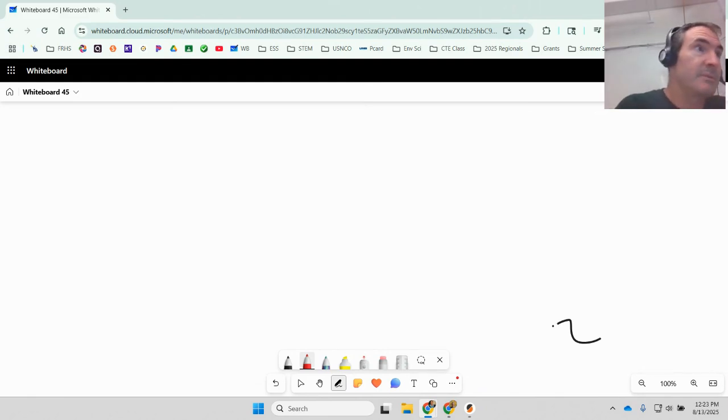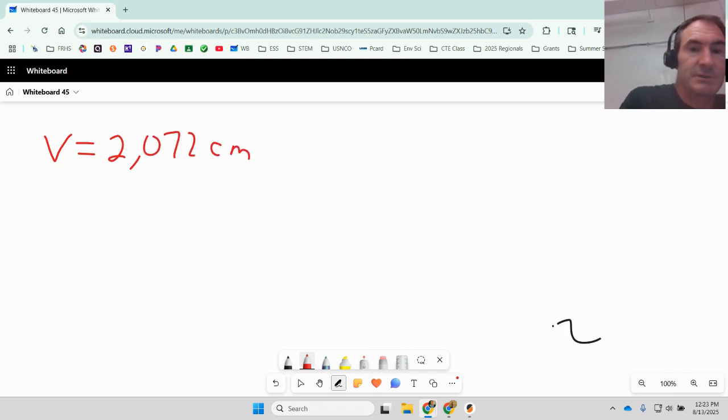So in the problem, it tells us that the volume, I'm going to do my best to write this legibly on my computer screen here, my volume is 2,072 centimeters cubed, and I'm always going to put my units with my numbers so that I don't forget what it is that I'm actually using for my numbers here. Okay. Now it tells us the mass is equal to 5,180, and that is in grams.